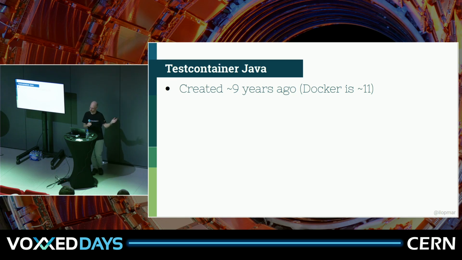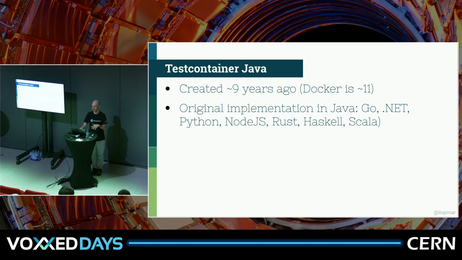So it was almost a decade ago. It started with the Java implementation, but nowadays there are implementations for pretty much every main language. So if you are programming with Golang, .NET, Python, Node.js, whatever, you have a specific Testcontainers implementation for your language. So you don't have any excuse to not use it.